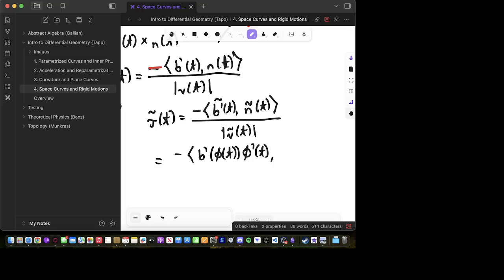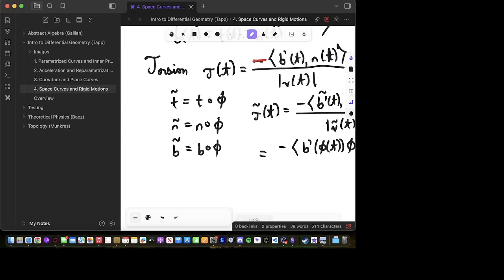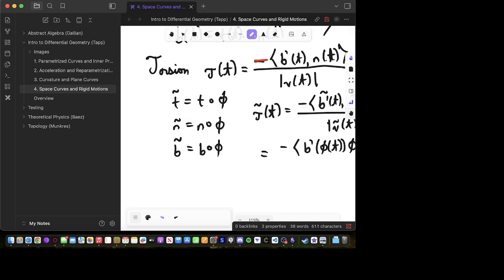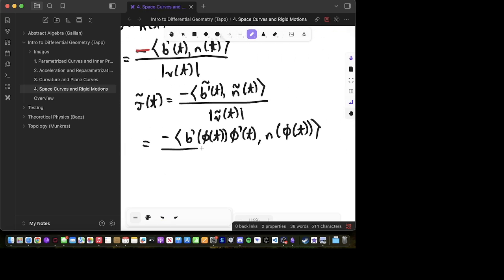That's the chain rule. And then we have that, since we have this formula. And if you haven't watched the video on reparametrizations, you really should before watching this, because if you haven't, this might make no sense to you.